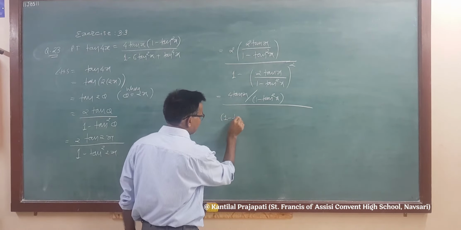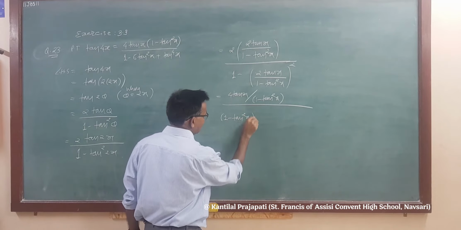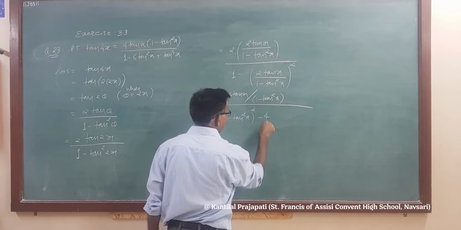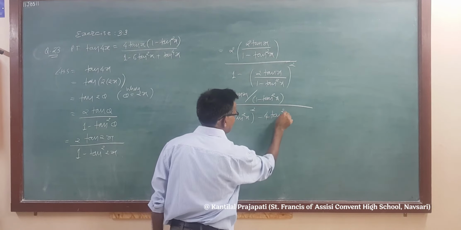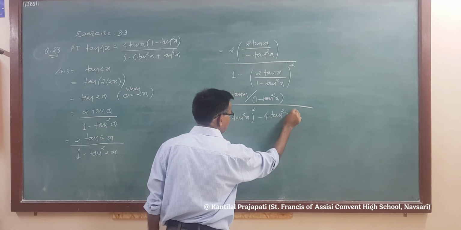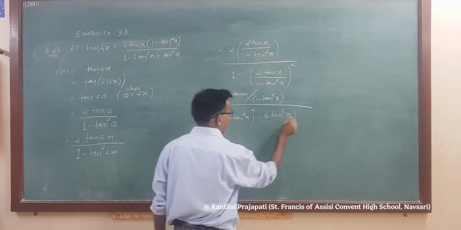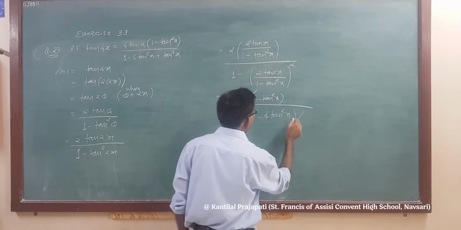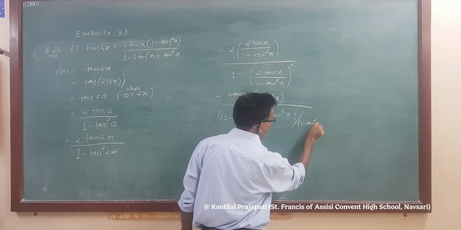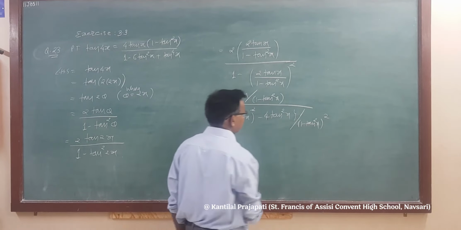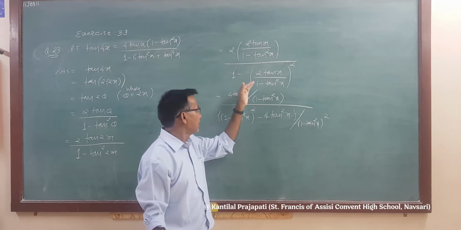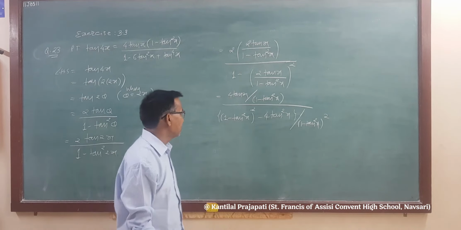And here we get 1 minus tan square x whole square minus 4 tan square x, whole divided by 1 minus tan square x whole square.